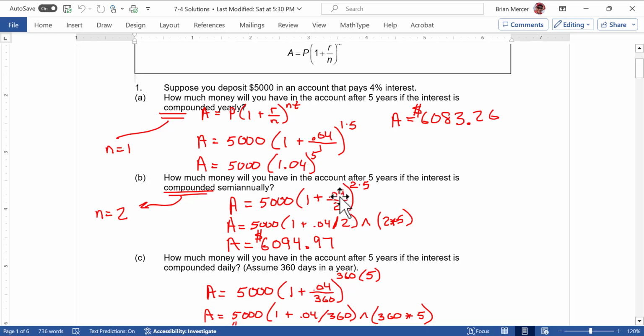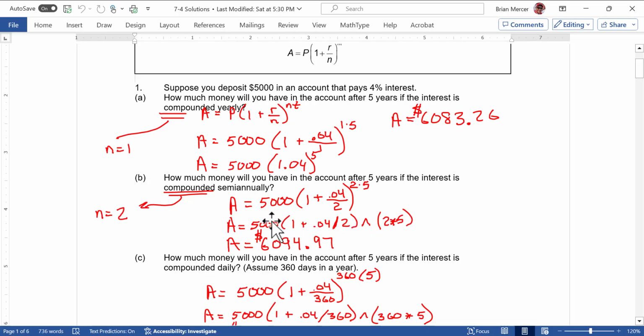This one is 0.04 over 2, and so that's 1 plus 0.04 over 2, raised to the 2 times 5, and writing it the way I wrote it right here is exactly what you type on a calculator. That's the caret symbol for exponents.